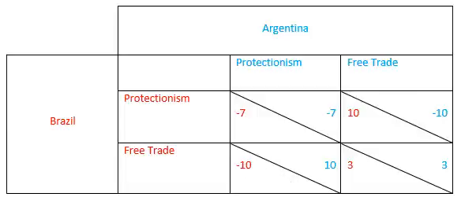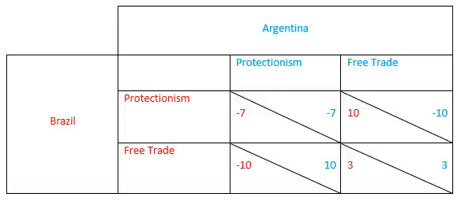Then we are in the same situation as in the previous example. What will happen? They know that in free trade both will win, but both also know that if the other country applies protectionist actions, they will lose and the other will win.